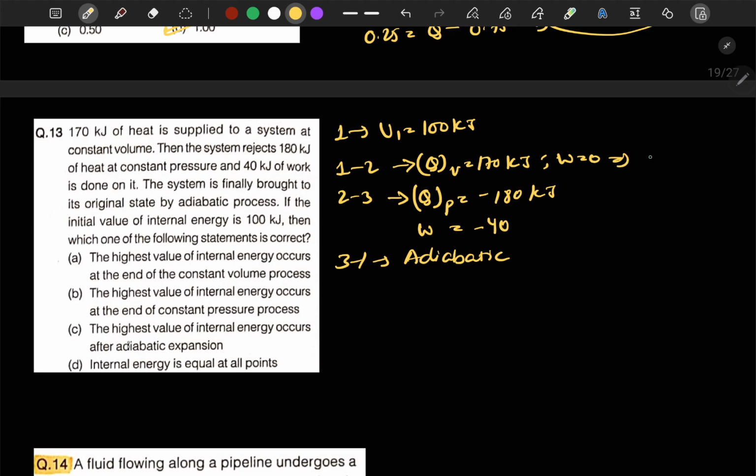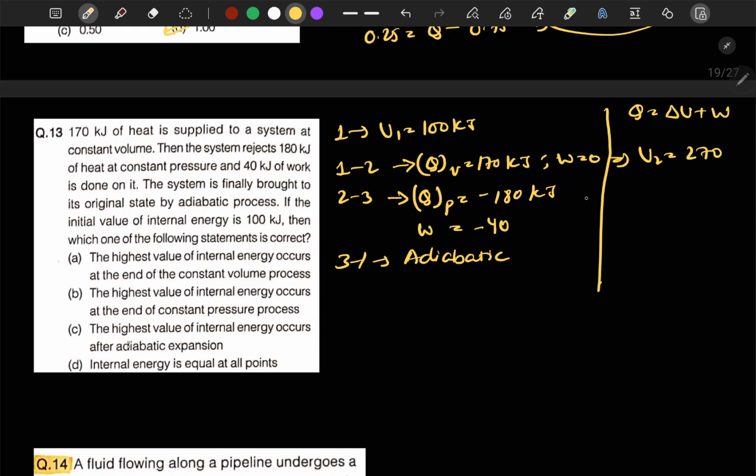So in all these processes we will use Q is equal to delta U plus W, the first law of thermodynamics. Here you put Q is equal to 170 and W is equal to 0. So you will get U2 minus U1 is equal to 170. You are given U1 is equal to 100, so you will obtain U2 is equal to 270.